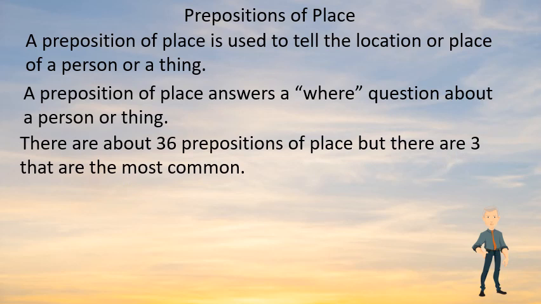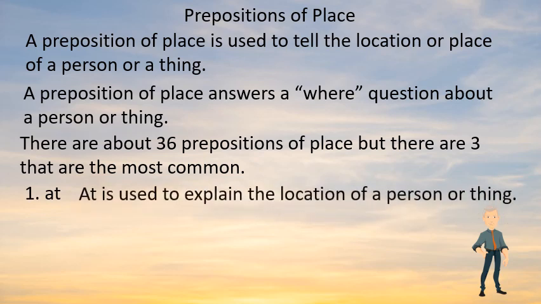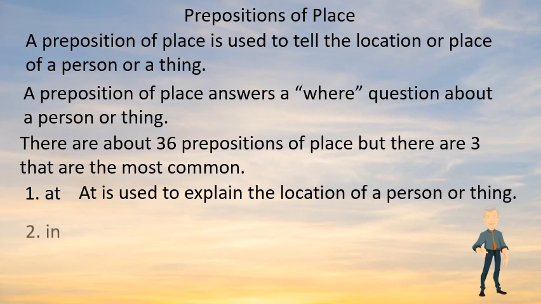There are about 36 prepositions of place, but there are 3 that are the most common. Number 1, at. At is used to explain the location of a person or thing. Number 2, in.